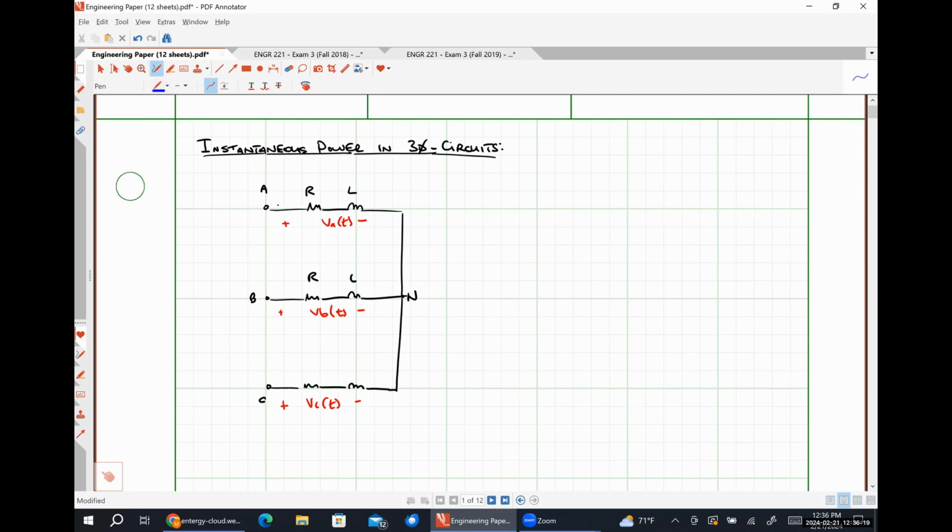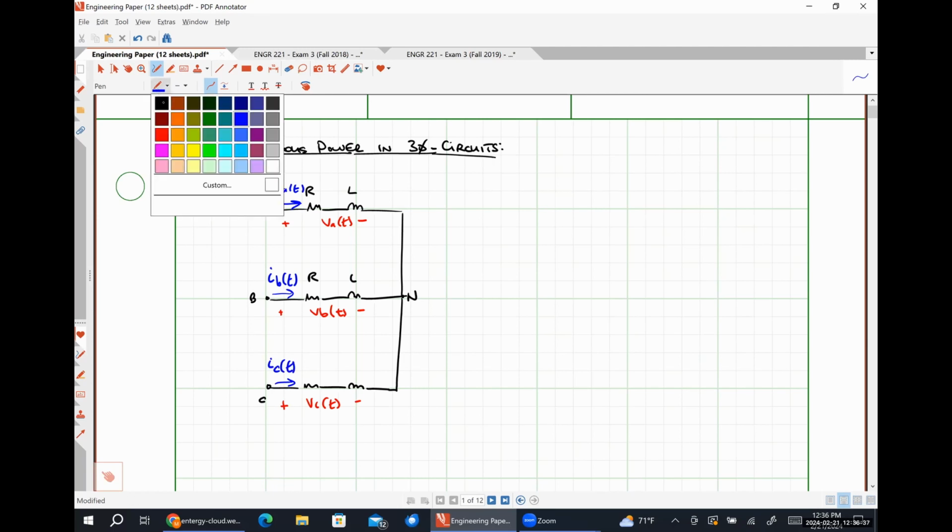And the current through the A phase, IA of t, the current through the B phase, IB of t, and the current flowing through the C phase, IC of t.